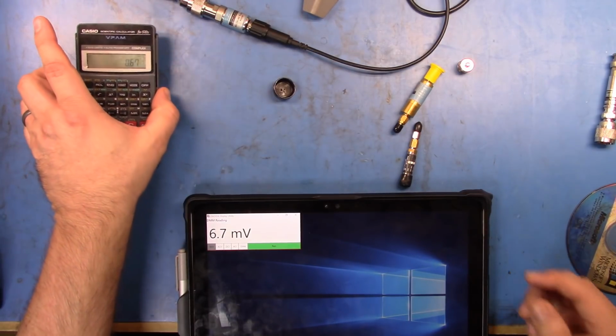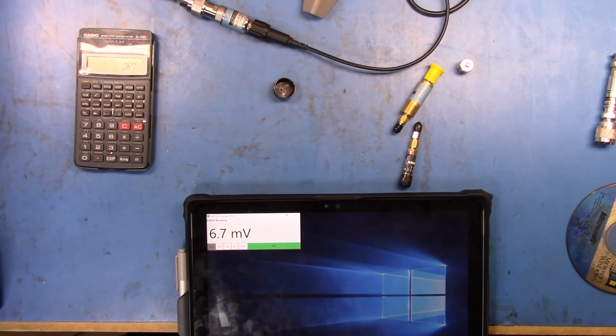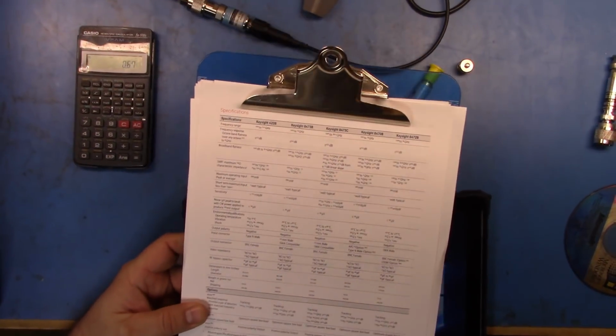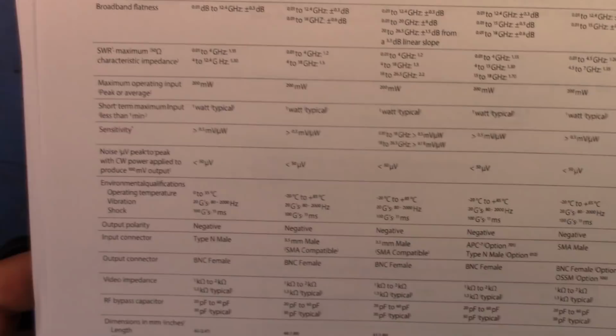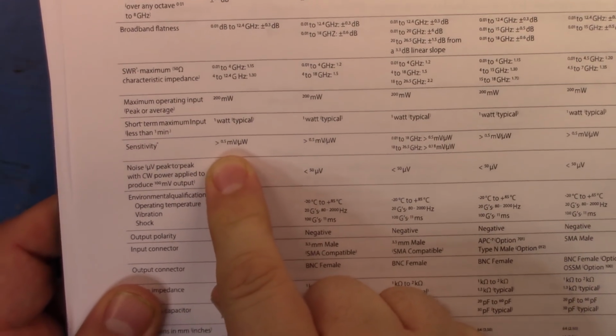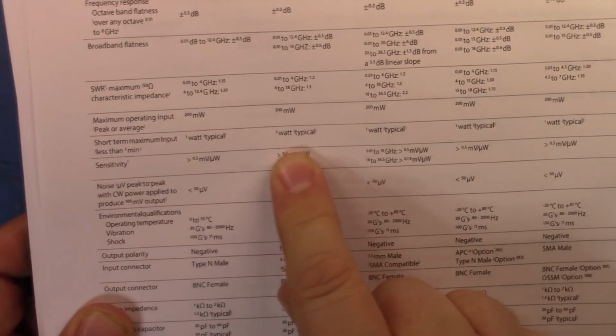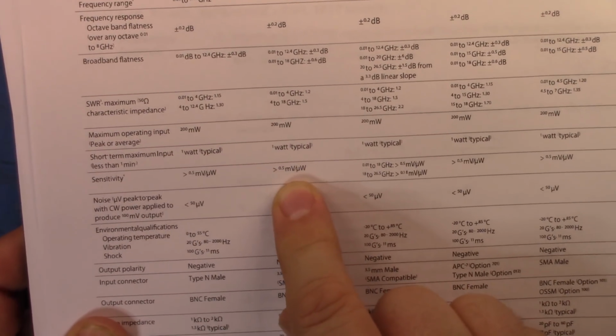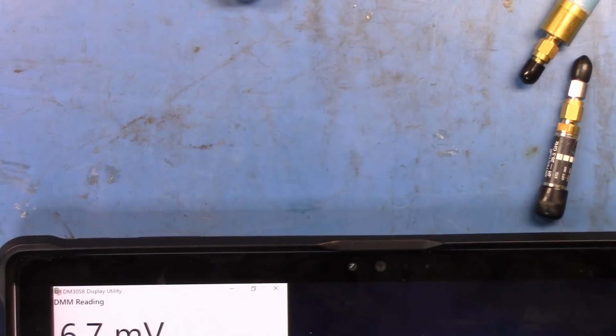So we're going to get 0.67. And if we come back here and zoom in, you'll see that for sensitivity, it's greater than 0.5 millivolts per microwatt. So we're greater than that at 0.67. So we're in spec, and that's given us the sensitivity.